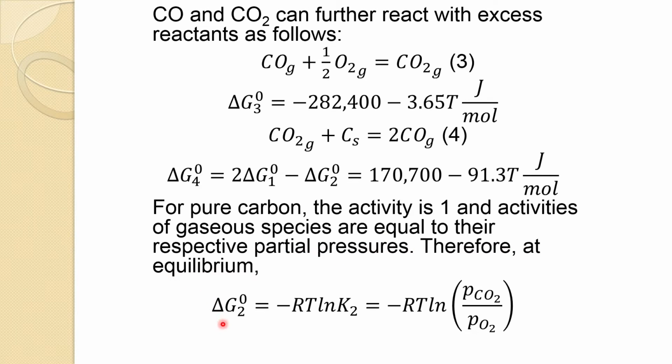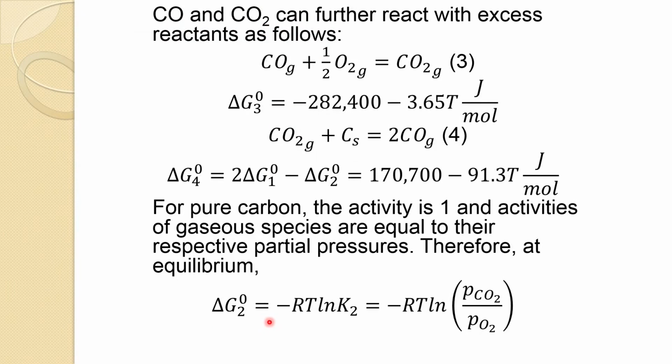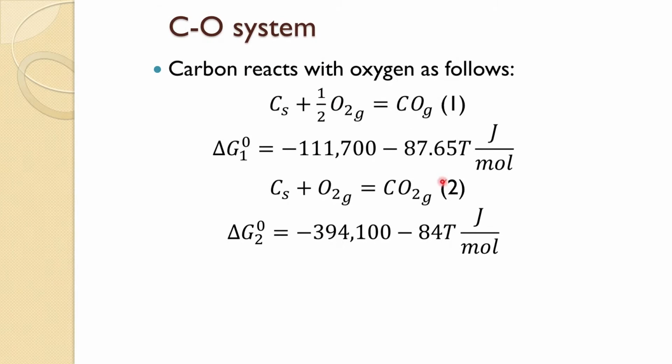So, therefore, at equilibrium if we look at this reaction number 2 that we have put, the free energy can be written as RT log K2, and this K is nothing, it is an equilibrium constant for the particular reaction.